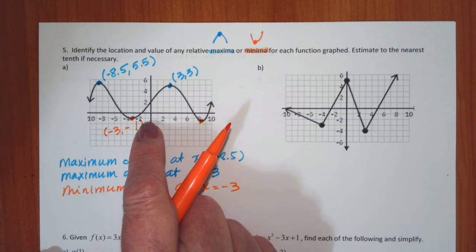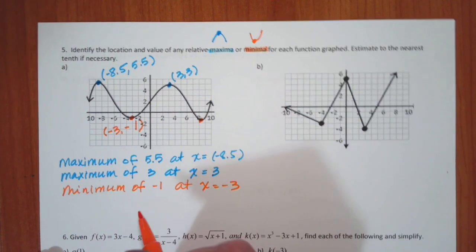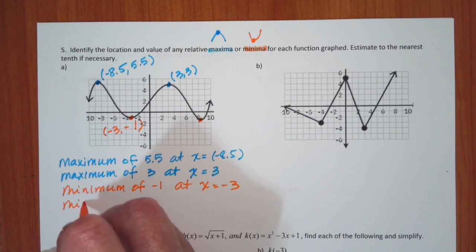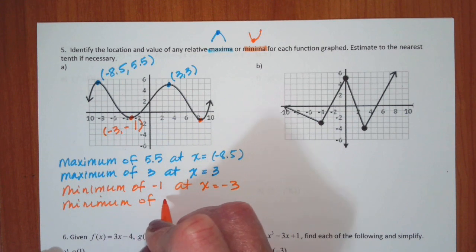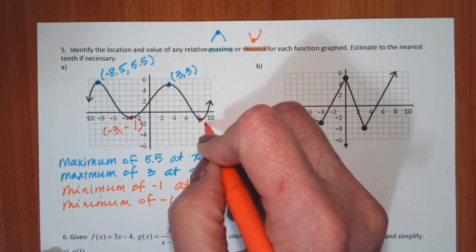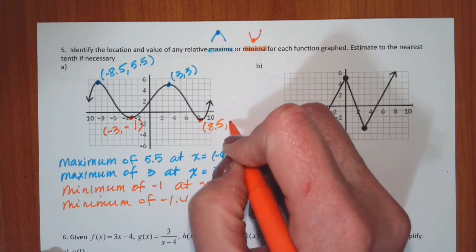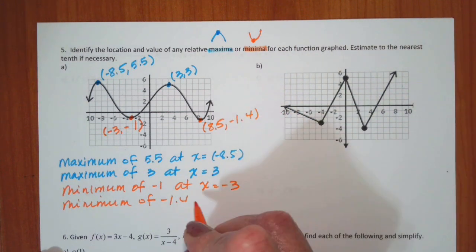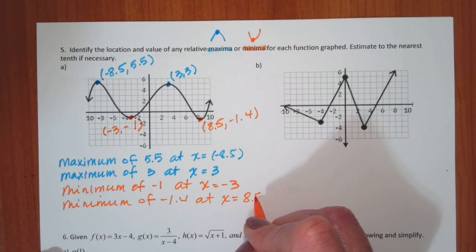And let's see, that looks like it's negative 1.5 or 1.4. So we have a minimum of negative 1.4. I'll call it negative 1.4. So this is 8.5, negative 1.4 at x equals 8.5.